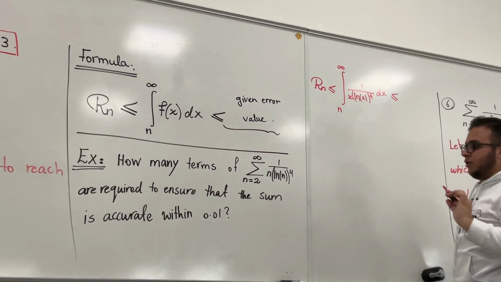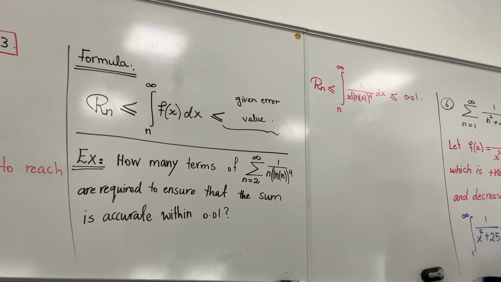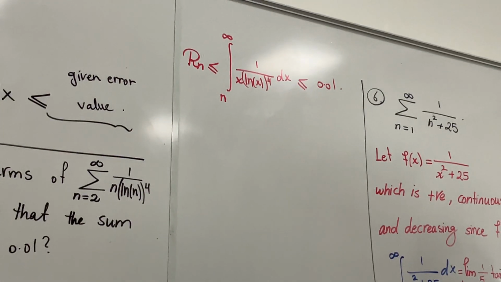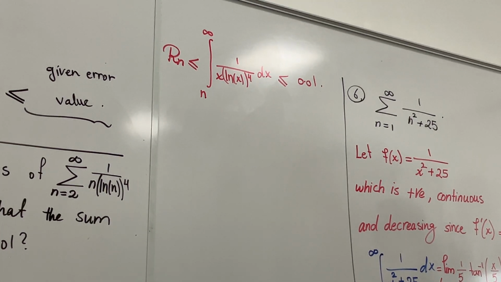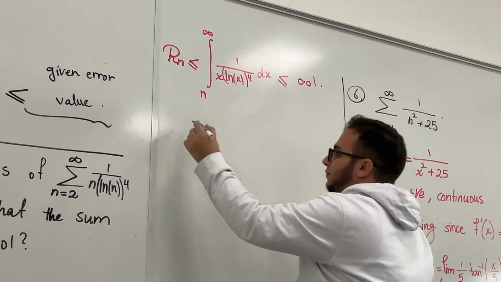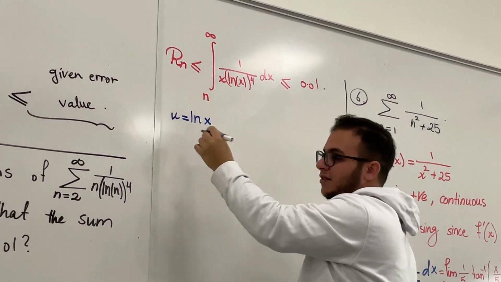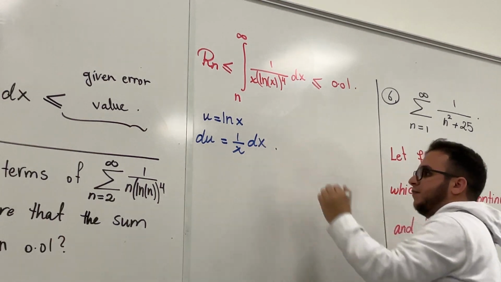The given number, 0.01. Integrate now. How do I integrate? What's the technique? Use substitution, right? u is ln x, and then du is 1 over x dx.